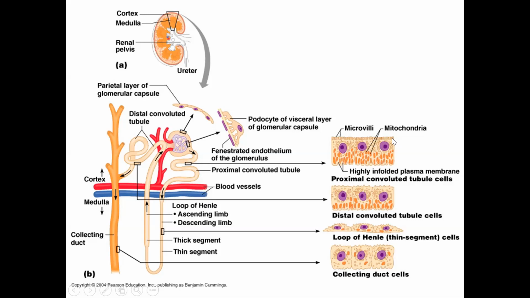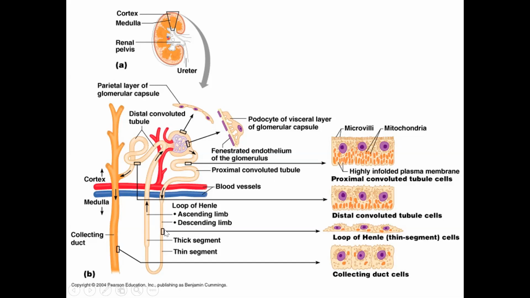Most of the water, most of the minerals, and all of the amino acids and glucose molecules. So this is why you have long microvilli to increase the surface area, so you have more carriers to reabsorb glucose and amino acids back.